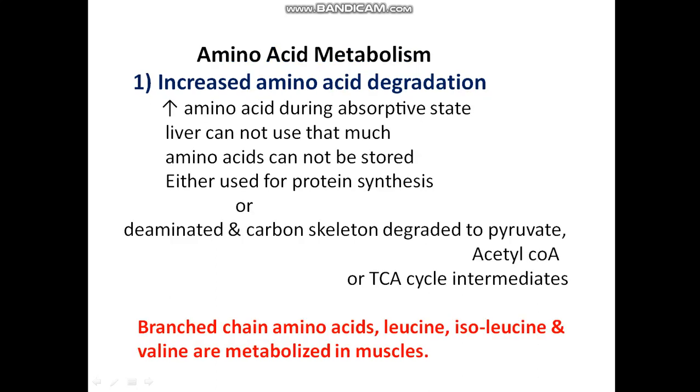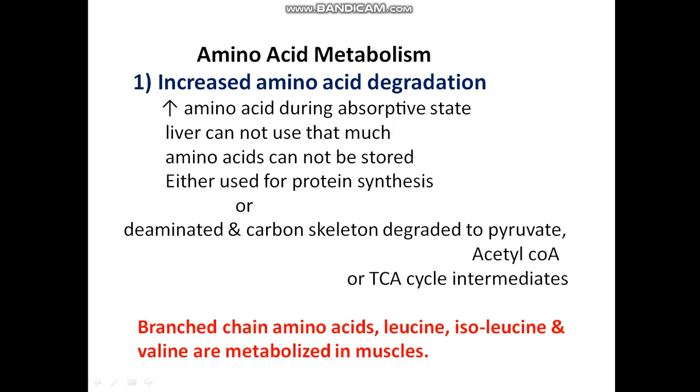What about amino acid metabolism in liver? Here there is increased amino acid degradation, because amino acids are not stored. With increased amino acids during the absorptive state, the liver cannot use that much amino acid, and it cannot be stored. It is either used for protein synthesis or degraded and deaminated, and the carbon skeleton is degraded to pyruvate, acetyl coenzyme A or TCA cycle intermediates.